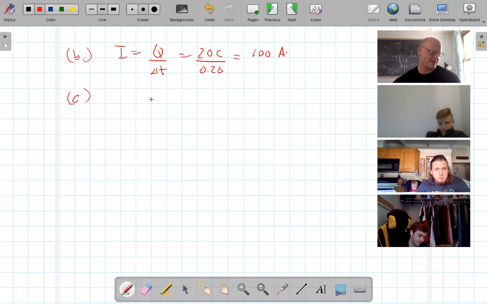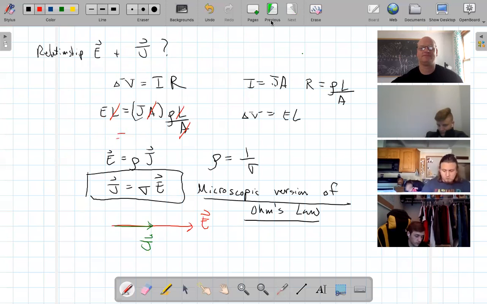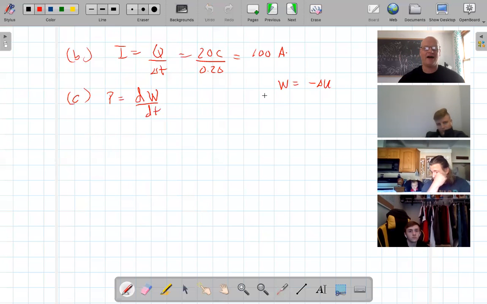Nice. Part C, we now want to know what's the power. Well, we know power, by definition, is equal to the change in work with respect to time. But remember that work is equal to minus the change of potential energy. So we can write this as equal to the change in potential energy divided by the change in time.